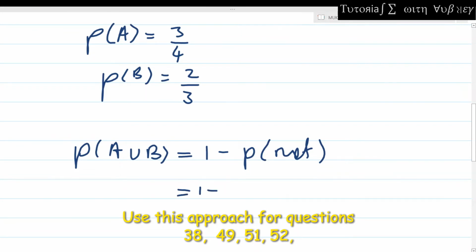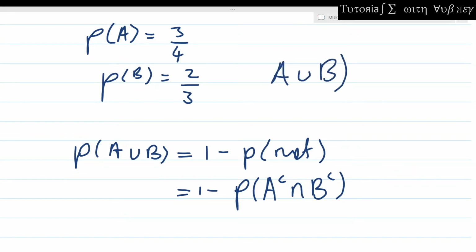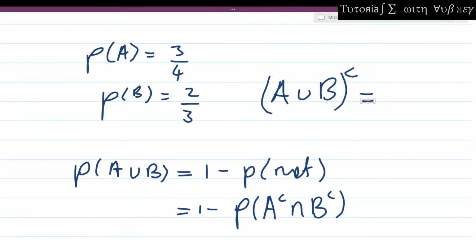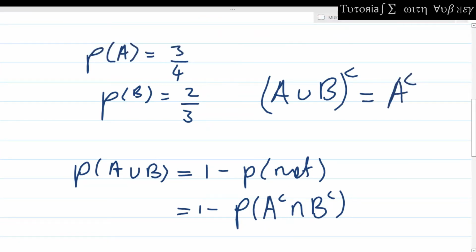Here basically we're going to say the chances of not hitting the shot is 1 minus probability of the shot not being hit by A and the shot not being hit by B. In other words, the shot not being hit by both A or B, which by axioms is the same thing as A complement intersection B complement.